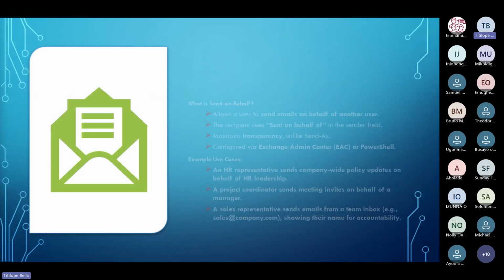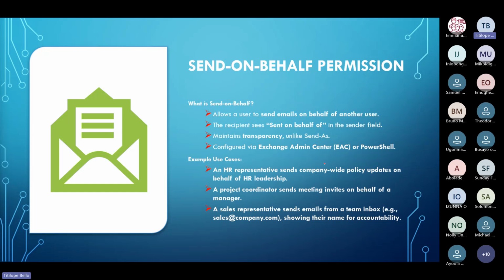Now, the other thing is send on behalf of. I've already explained this as well. If you assign send on behalf of to a user, when the user sends, the recipient sees send on behalf. This keyword is very important. The recipient will see it. They will see this send on behalf in the sender field, right?